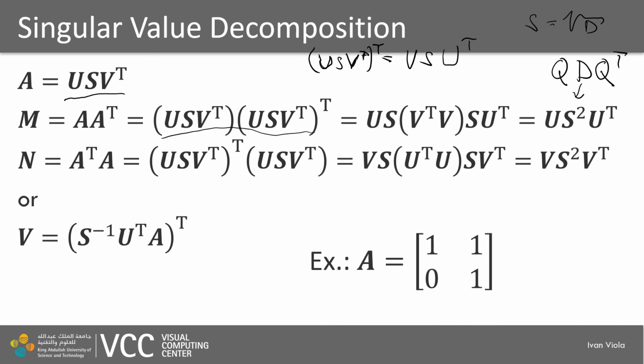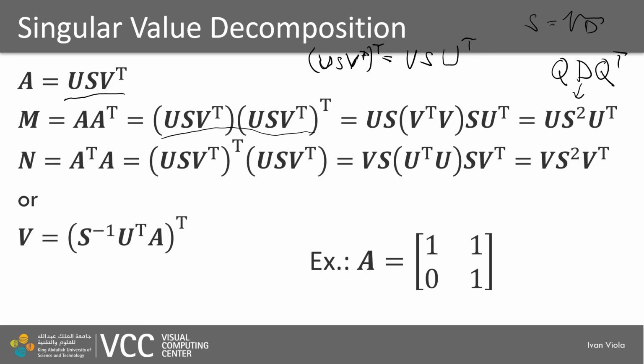So now we can simply proceed with calculating the matrix M and getting the S and U, as we know it from the previous calculation of the eigenvalues and eigenvectors.